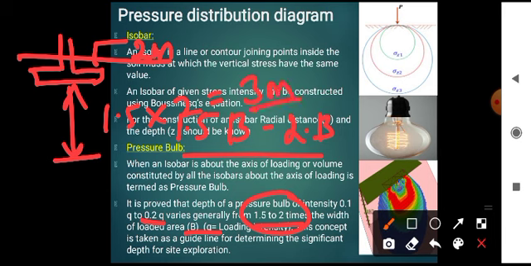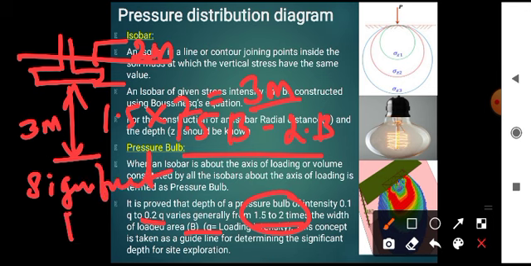From this footing level, we have to consider 3 meter for our soil exploration program. So this depth is very important, and the same depth is called the significant depth. This is the meaning of significant depth and how it is related to the pressure distribution diagram.